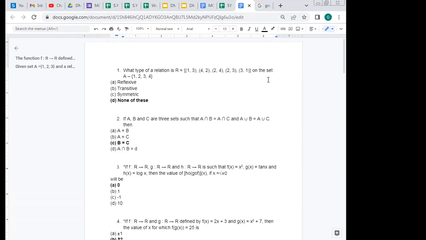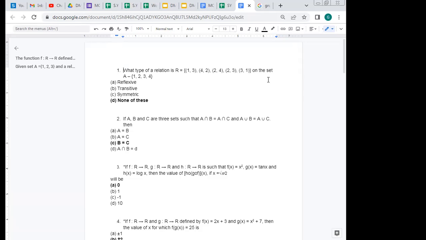For a relation to be reflexive, what type of element should be there in the relation set? Tell me. (1,1), (2,2), (3,3), (4,4), like that. Okay.